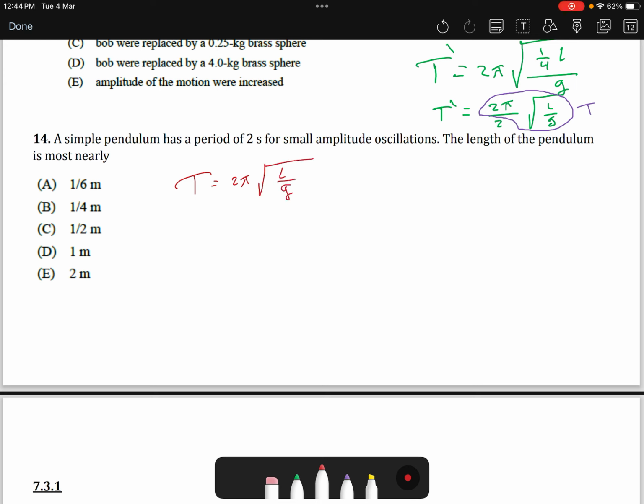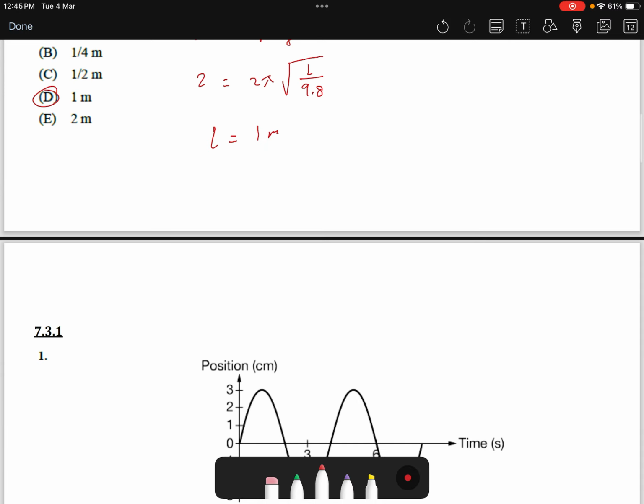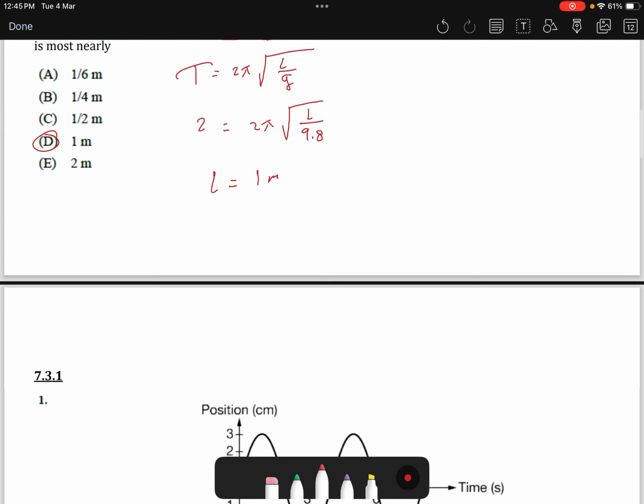T is the period, we need 2 seconds, so 2 equals 2π multiplied by radical L over 9.8. Using the calculator, you will find that L equals 1 meter. So it's most likely D. We just used the formula here. Next.